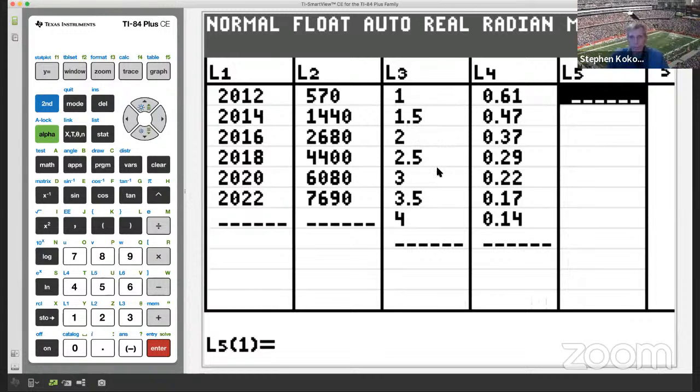In doing difference quotients, we're going to be taking differences in the Y values. I'm going to look at these last two lists, L3 and L4. So we'll be doing differences in Y values over differences in X values.